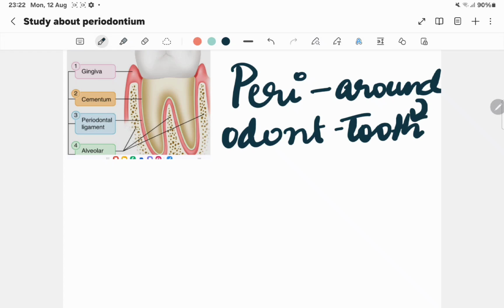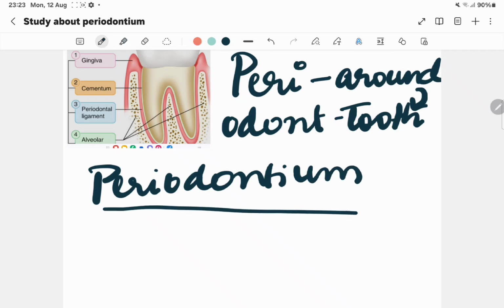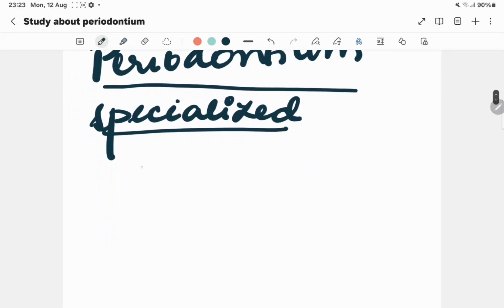So what is a periodontium? Okay, so periodontium consists of specialized tissues that surround and support the teeth.